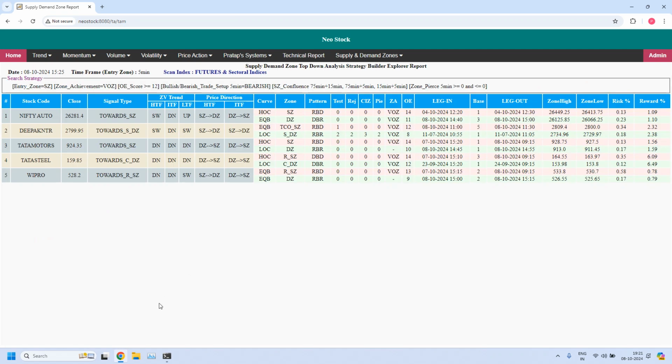That means in all these 5 stocks, the 5 minute supply zone is part of the 15 minute supply zone, and both the 5 minute and 15 minute supply zones are again part of the 75 minute supply zone. Except the first and second stocks, the remaining last 3 stocks are having downtrend. If in the last 3 stocks any 75 minute supply zones have daily EMA confluence, it's a high probability setup.